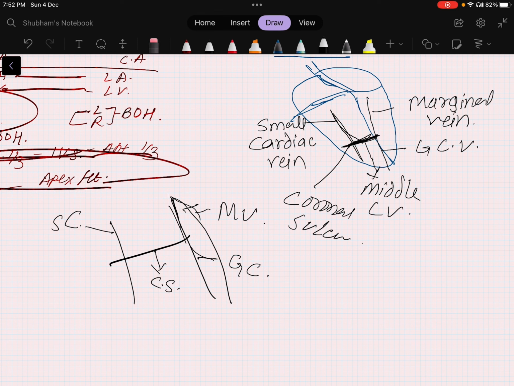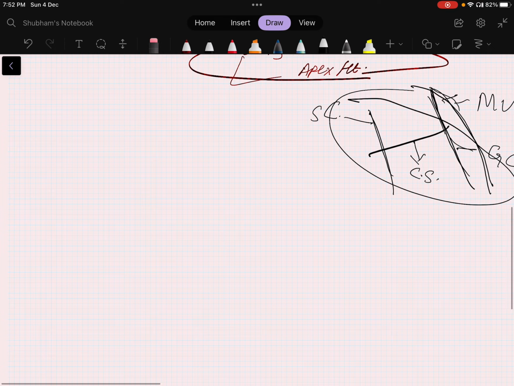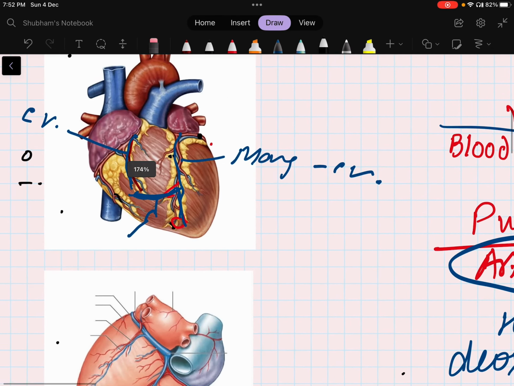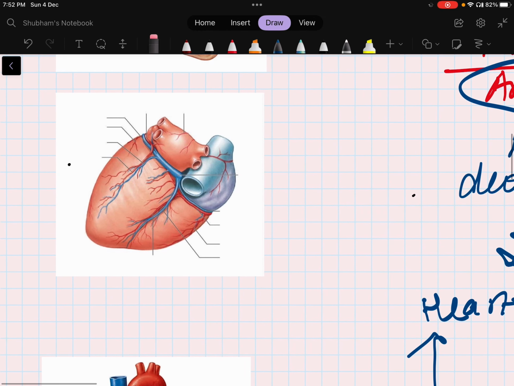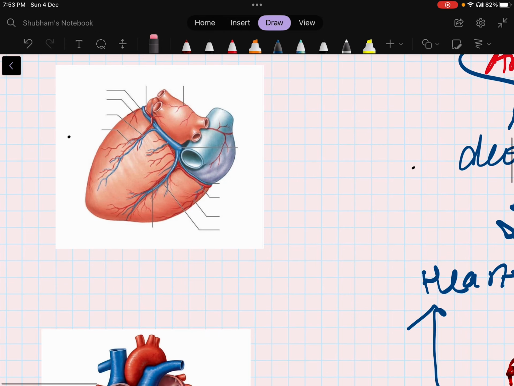These veins are all part of the cardiac veins, and the marginal vein lies on the margins of the heart. So this is how you should basically simplify the veins, right? Now we're done with the base.